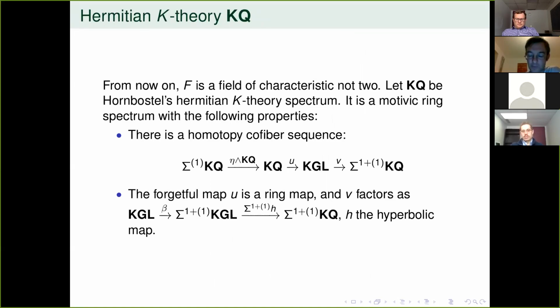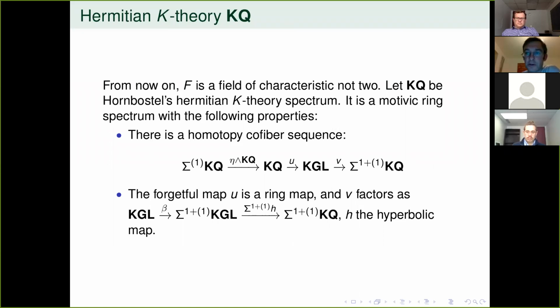So we have to understand at least the first differential a bit better, and in order to do so, one weapon of choice is Hermitian K-theory. And this forces me currently, at least, to restrict to fields of characteristic not 2, because only then we have a representing spectrum, which was constructed by Jens Hornbostel.